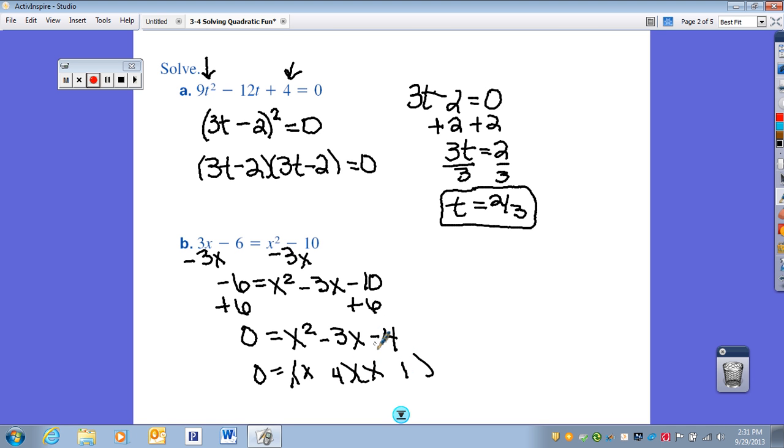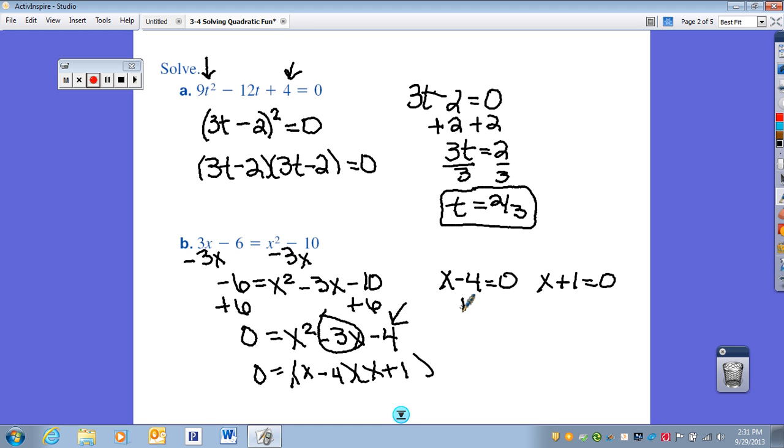And since my 4 is negative, I want to know what two numbers I can multiply together that give me negative 4, but when I add them together, I get negative 3. So that's going to be a negative 4 and a positive 1. To finish solving, we set each of these equal to 0, and we solve.